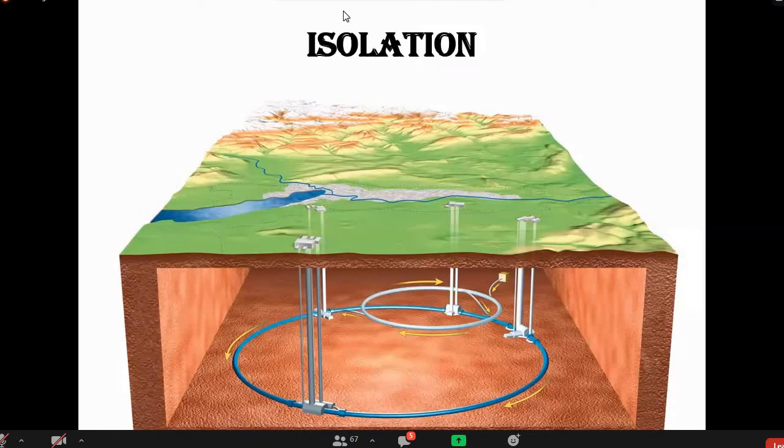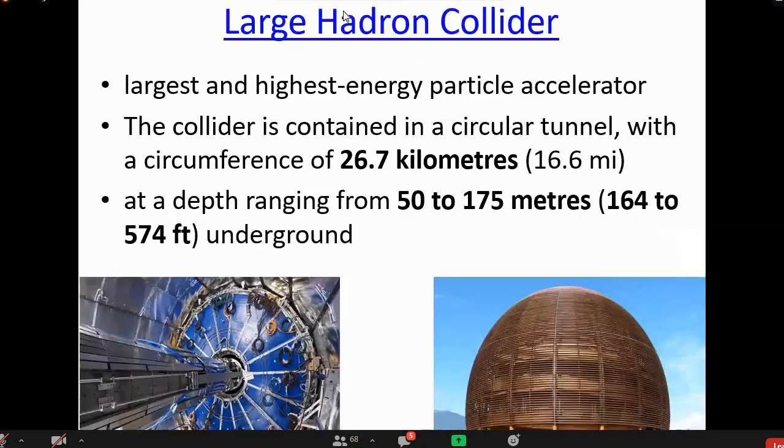If there is anything that is very harmful, what you need to do is have proper isolation. So this is a picture of CERN, which is in Switzerland, and it is a reactor plant. It is called the Large Hadron Collider, which looks like this on the top, and inside it is like this somewhere.